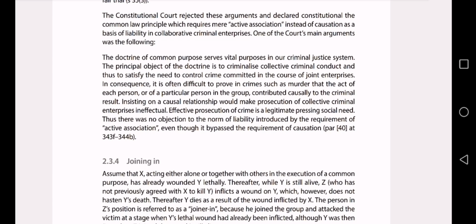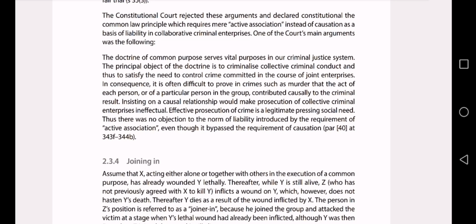Effective prosecution of crime is a legitimate pressing social need. Thus, there was no objection to the norm of liability introduced by the requirement of active association, even though it bypasses the requirement of causation. Paragraph 40 at 343B.